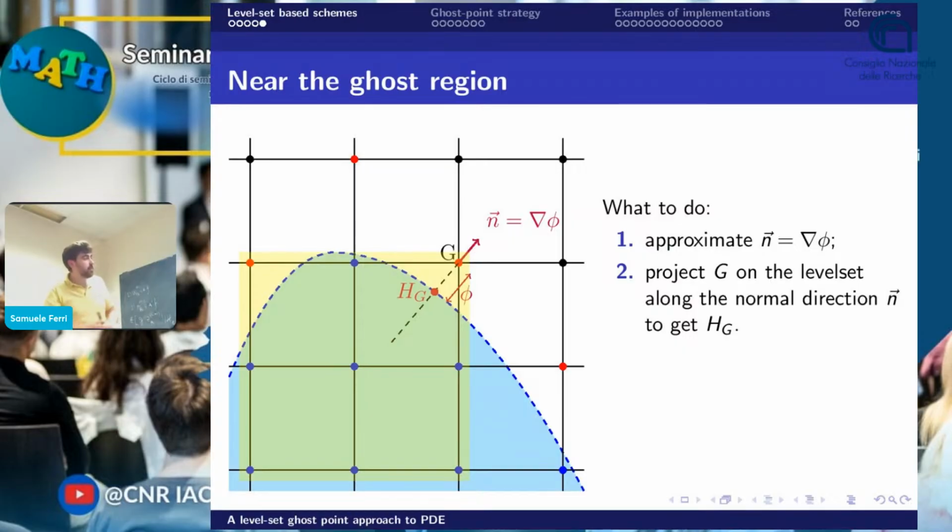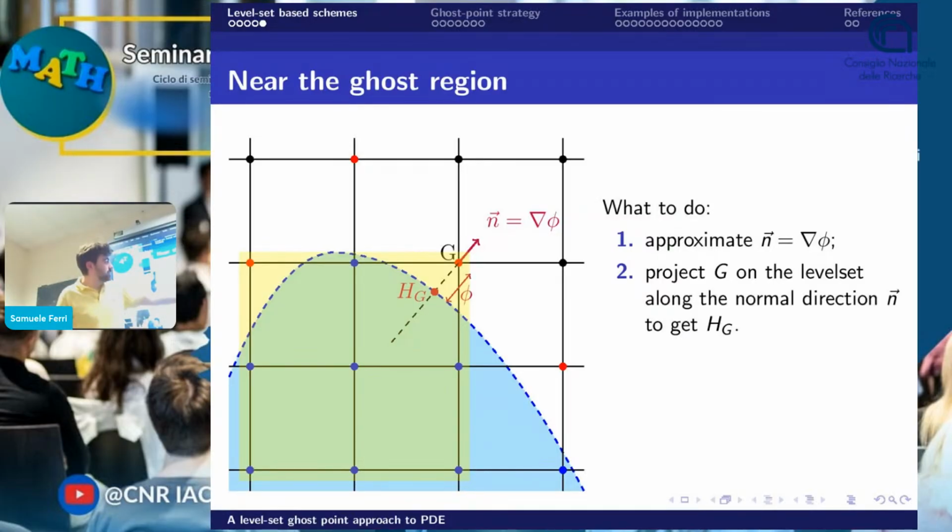So let's go back here. Since we need a boundary point, because we can't use the ghost point to discretize the boundary condition, the only way is to project the ghost point along the normal direction of the level set.